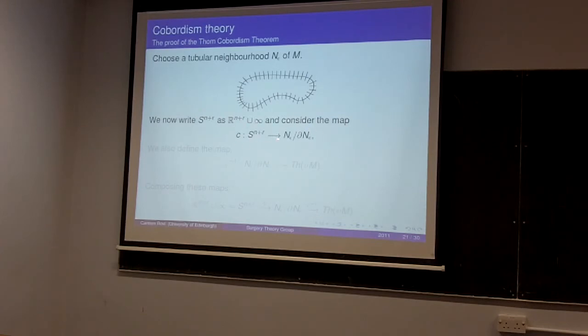What does this map do? It leaves the tubular neighborhood untouched, and all the rest of the sphere, including the boundary of this tubular neighborhood, it collapses to a point. That should sound familiar, because that is exactly what the Thom space map does.